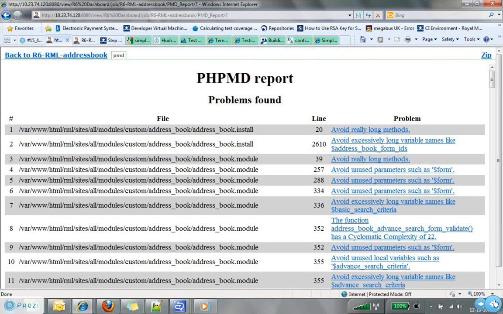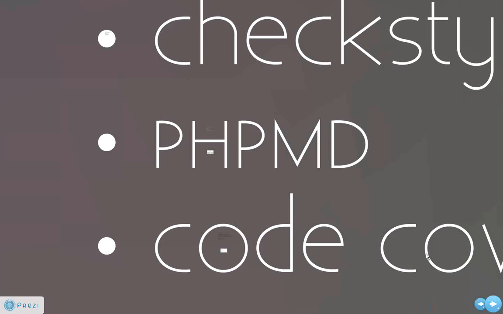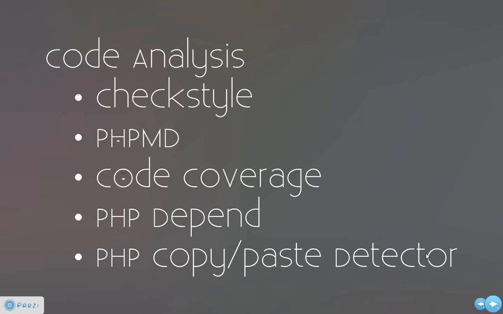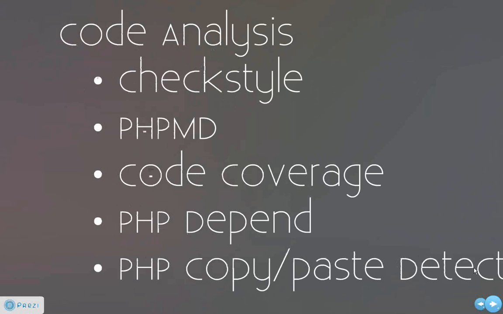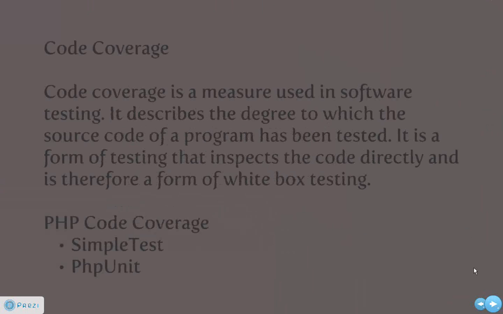Next is our code coverage. I hope everybody can see the screen very well. What is code coverage? Basically, suppose you're using PHPUnit as your unit testing tool for unit testing your code. Code coverage measures how much unit testing you have written against your code. It gives you a percentage.